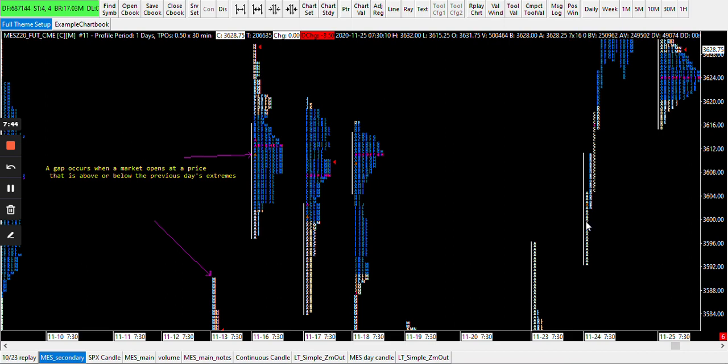Generally speaking, if we continue to see gaps up day after day, then that's one thing that we can take to mean that traders are either getting too long, they're starting to get away from value, or it can mean that the market has found a new catalyst and is starting to trend upward. But when you get 2, 3, I've seen, I think recently, like 4 or 5 days in a row where the market's just continuing to gap higher and getting higher, it can be a signal that the market's starting to get really too long.